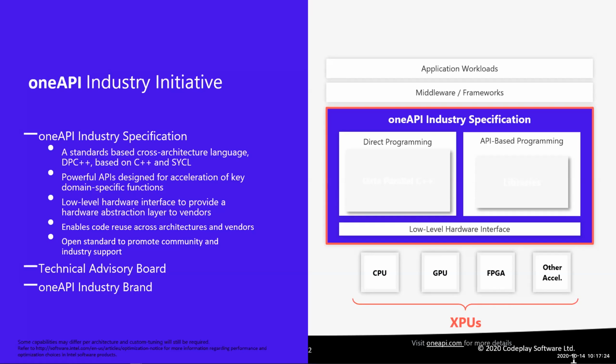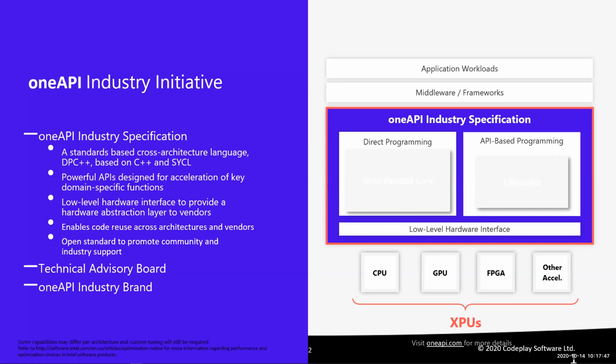The specification includes direct programming with an open unified language called Data Parallel C++, which is based on C++ and SYCL. It has API-based programming with a set of performance libraries for expressing parallelism and delivering native high-level language performance for all the supported platforms.